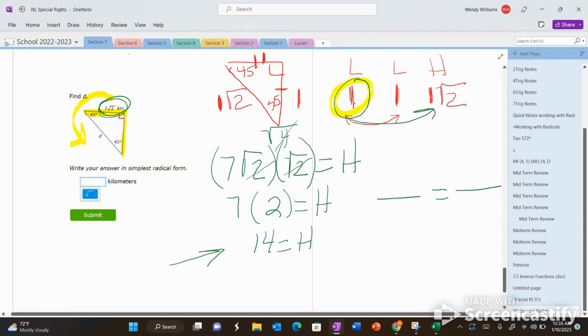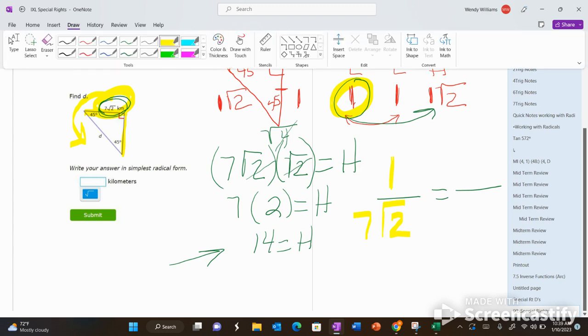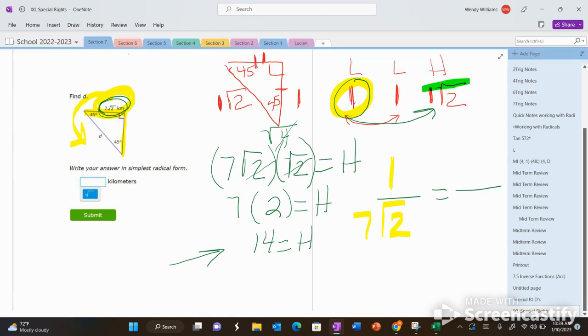I know the leg has a relationship of 1 compared to the new leg, which is 7 square roots of 2. They want the hypotenuse, so I go back to the original hypotenuse, which is nothing but the square root of 2, compared to d.